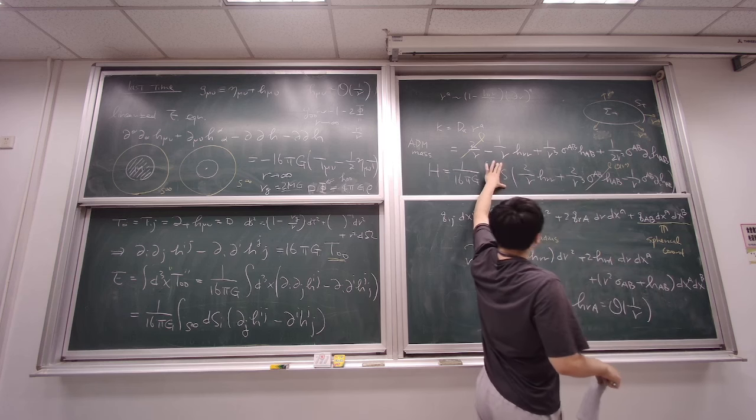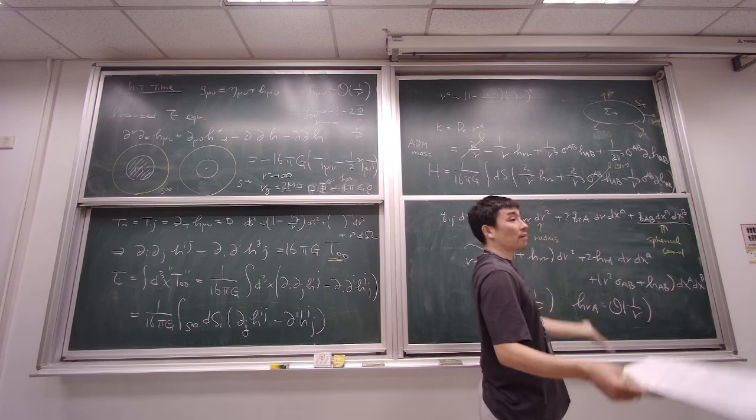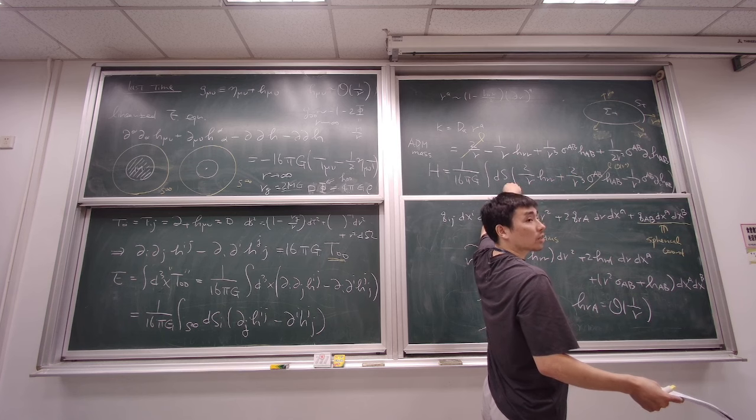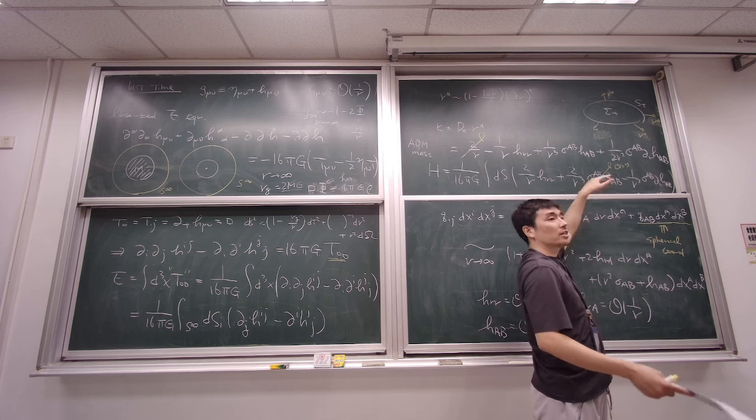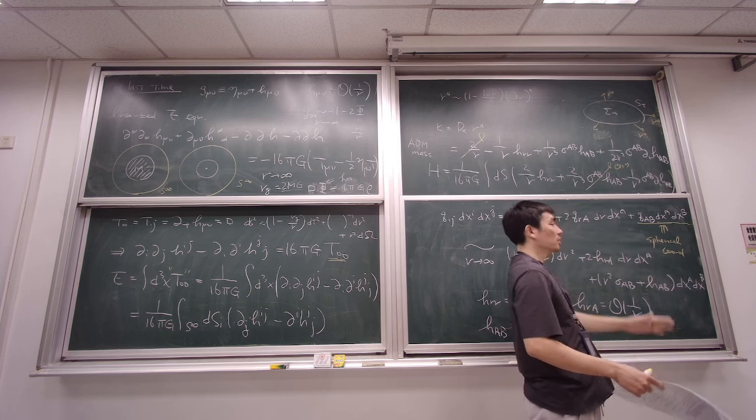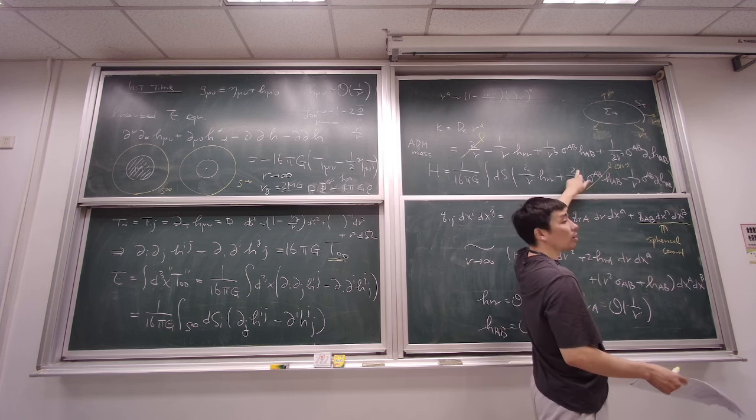If you do the integral at infinity, you get a 4 pi r squared, but the 1 over r cubed decays faster than r squared. So 1 over r squared divided by r cubed is 1 over r. Once r goes to infinity, the second term vanishes, so what's left is this term and this term.